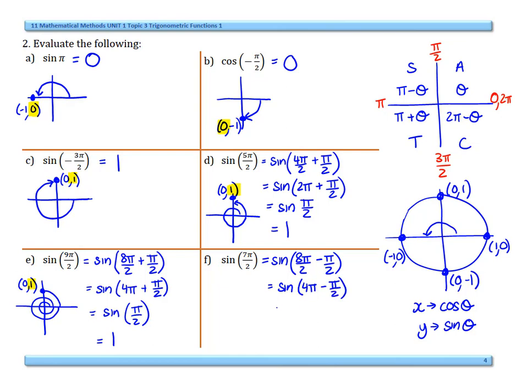That's 2 revolutions, so we can rewrite it as sine of negative pi on 2. Just to show that, we're going around once, going around twice. Then we have negative pi on 2, so we're going back in the negative direction. So we're here, which is 0, negative 1. Sine is our y coordinate, so my answer is negative 1.